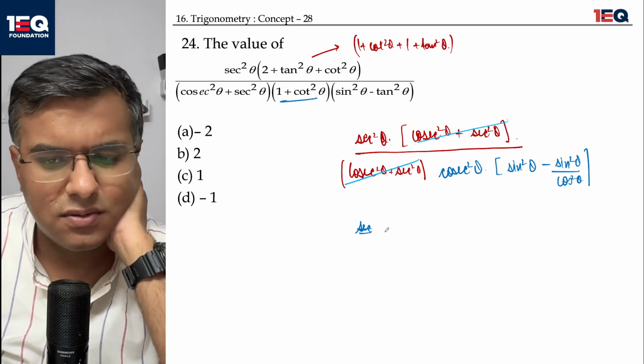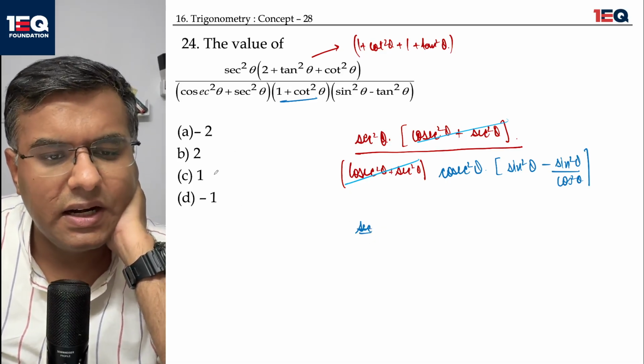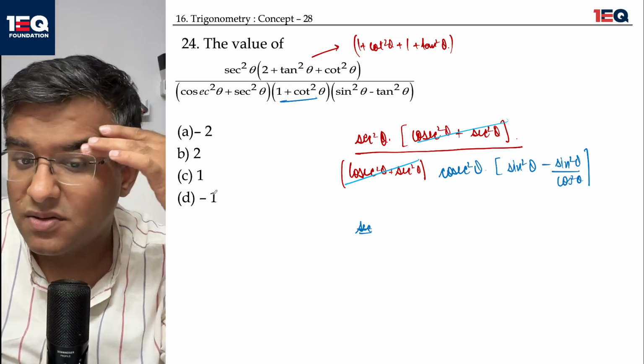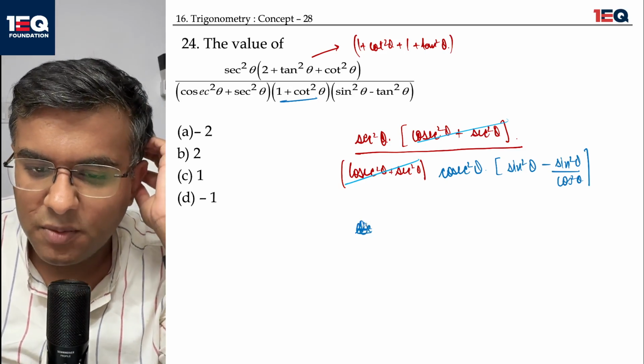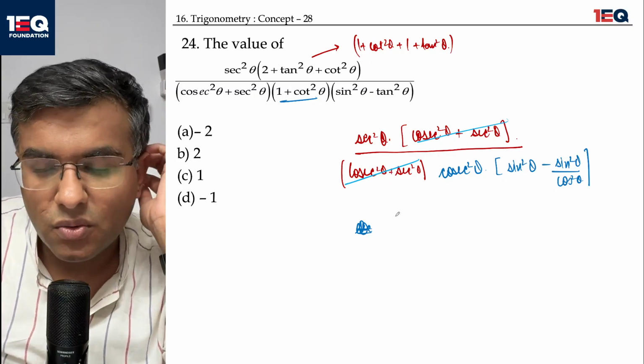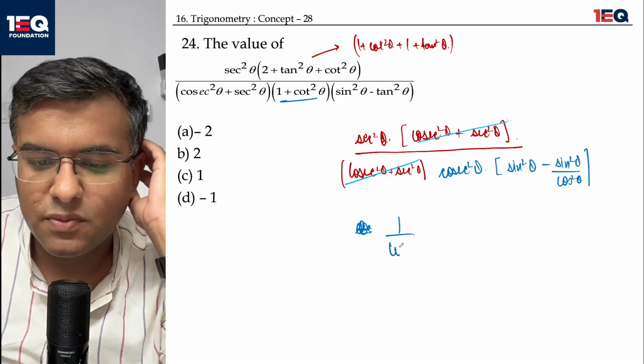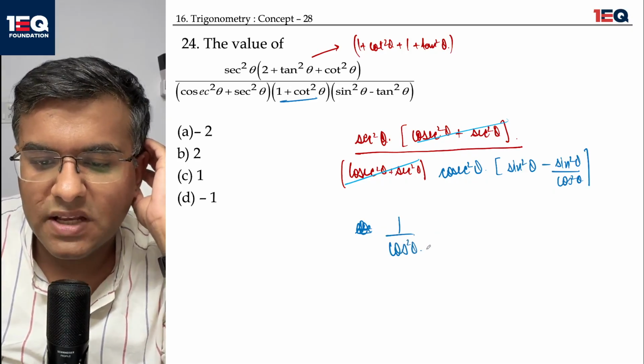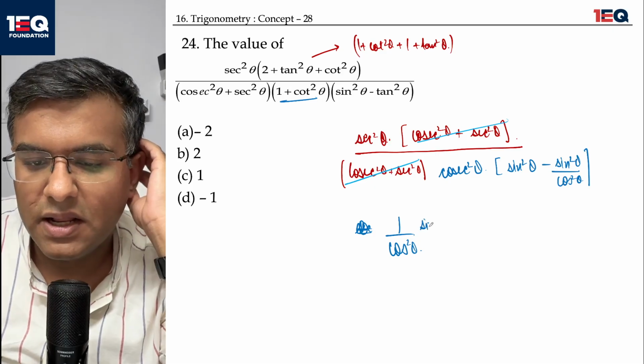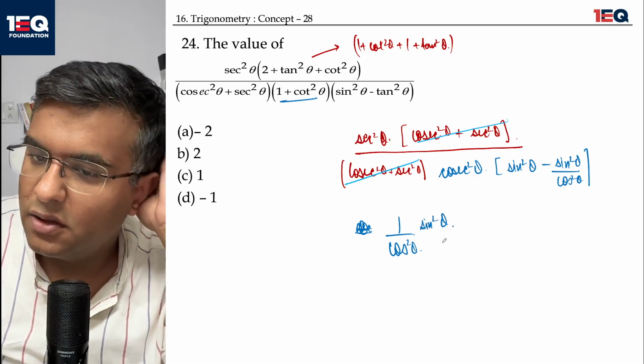I can see here that at the end the answer is going to be a number. So I think it will be best for me if I break them down into the most basic forms. So sec square theta can be written as 1 over cos square theta, and cosec square theta in the denominator can be written as sine square theta in the numerator.